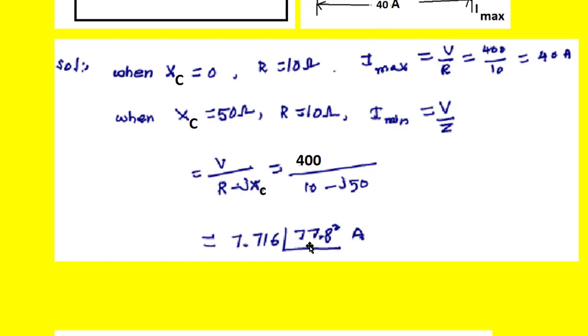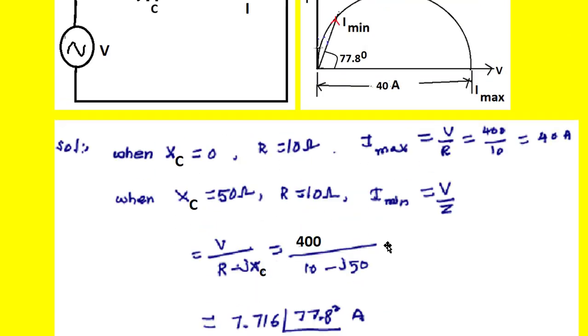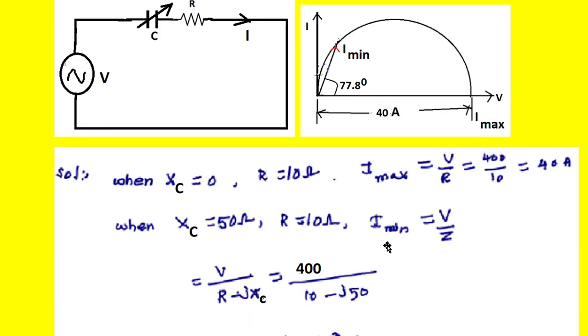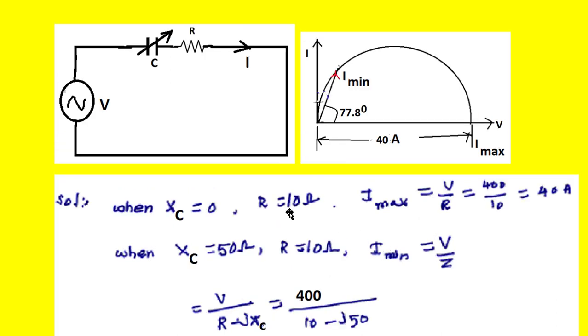Once we simplify this, we get 7.716 at an angle of 77.8 degrees amperes. This is the minimum current flowing in this circuit with capacitance present. Once the capacitance is present, that current will lead the applied voltage by the angle like this, 77.8 degrees, but it is not reaching this position because of the presence of resistance in the circuit.